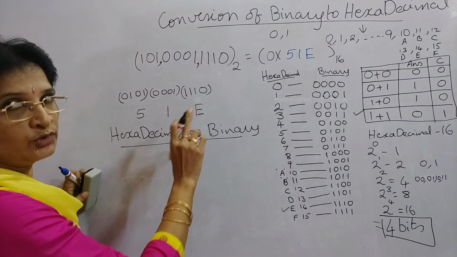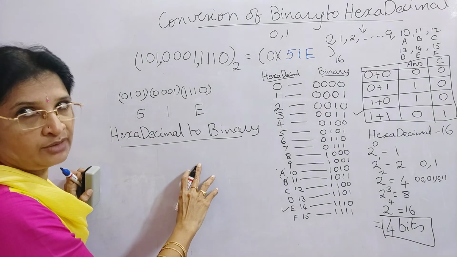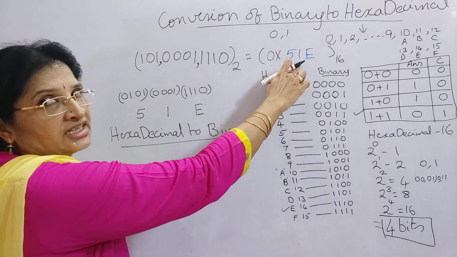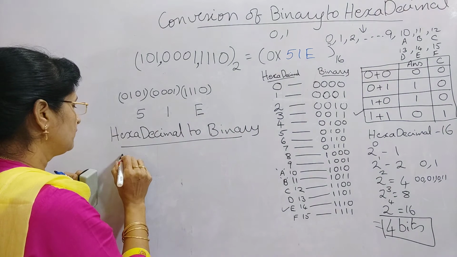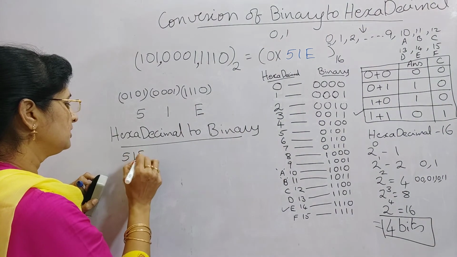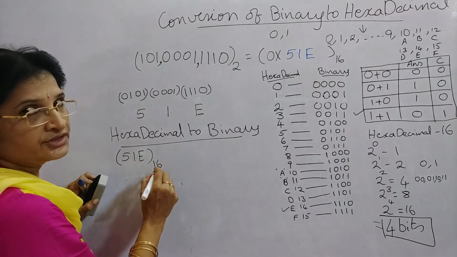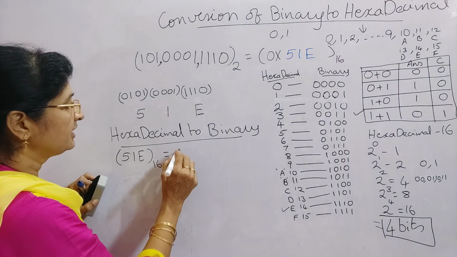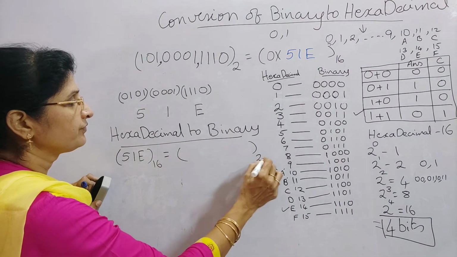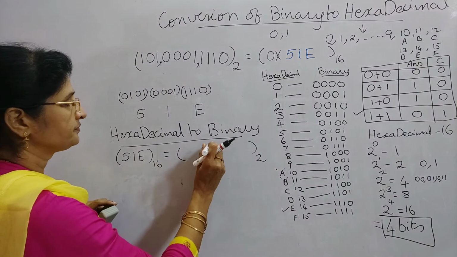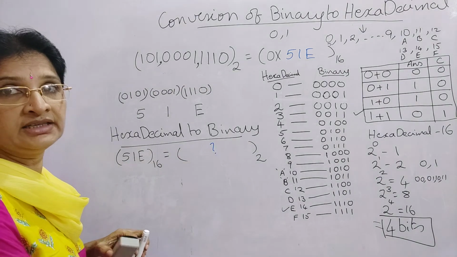So what I will do is, for easy checking purpose, I will take the same hexadecimal number, that is 51E. This is the number and it is in base 16. What is the equivalent binary number for this hexadecimal number? So we will find this number now.